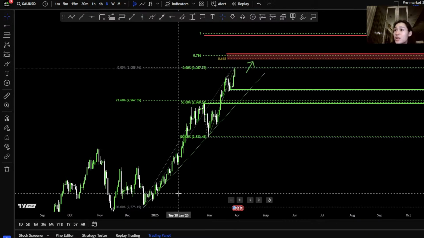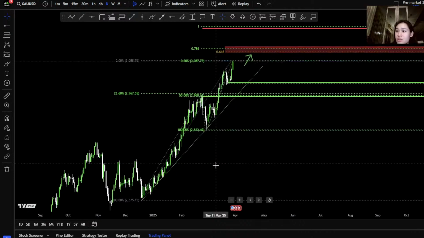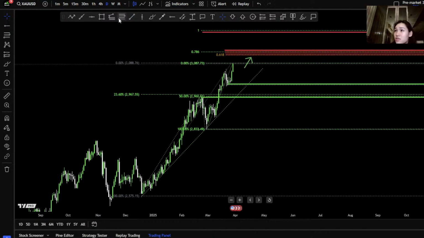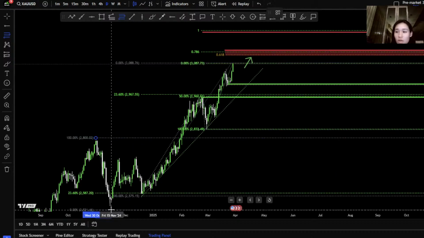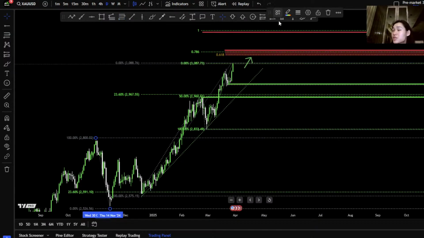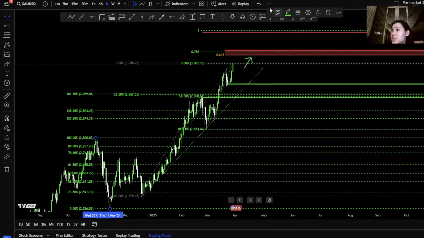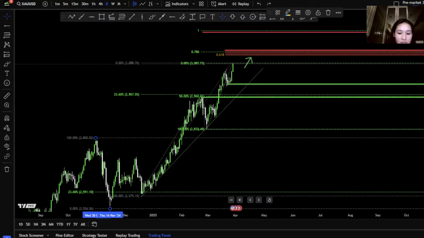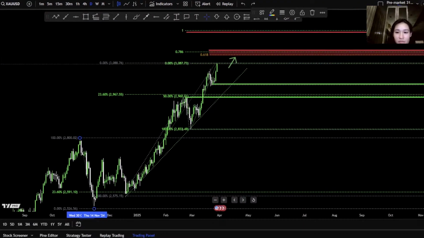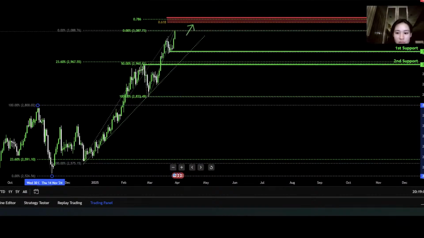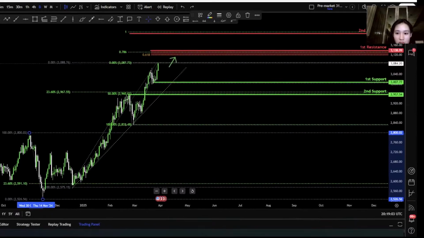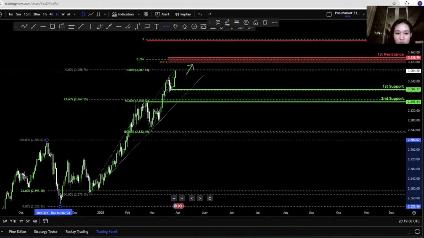Okay, so now that we're done with our Fibonacci levels, actually, oh, you can't see the numbers. Let me just adjust it so you can see the numbers at the side. I'm not sure why it's so big today. It's so zoomed in, I mean.